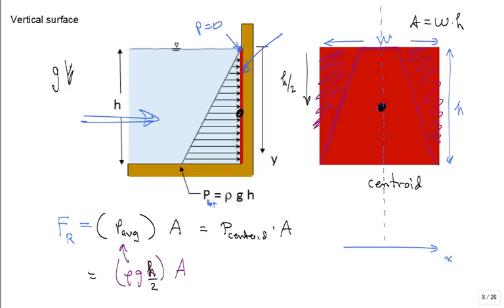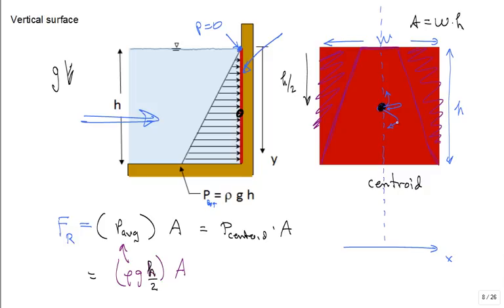It's symmetrical. But did the location of the centroid shift up, stay the same, or shift down from the original location? It shifted down a little bit, true? So you can have a planar surface that's not rectangular and solve this problem, but you've got to get the pressure at the centroid of the area.